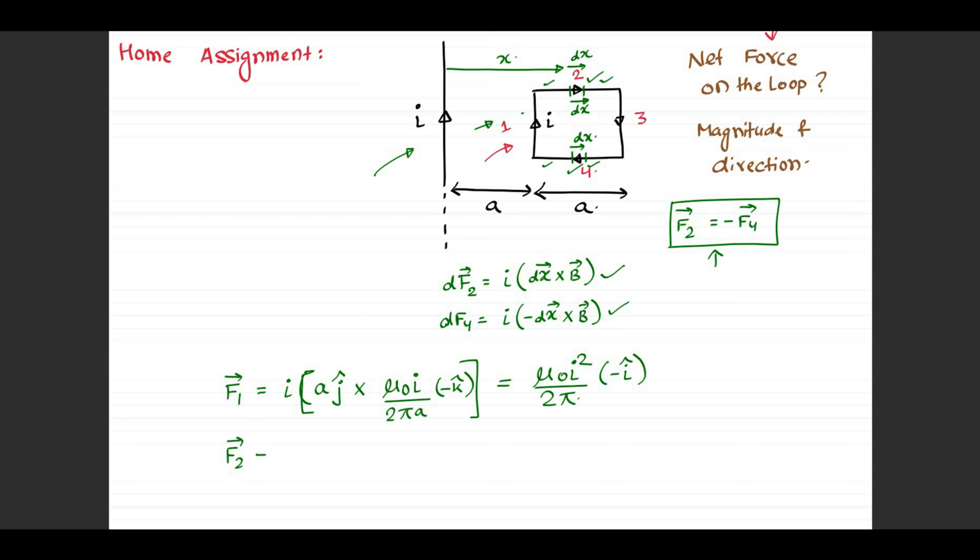F2 will be, F3 will be, because field at the location of wire 3 is also into the plane.